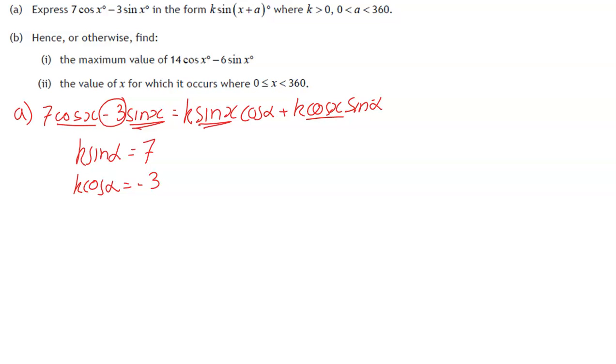Now, what I've got here are two different trig functions. If I imagine doing the CAST diagram and solving each of them individually, for sine alpha, I'd look at it and say, right, it's positive, so I'm going to get a solution in one of those two sections there.